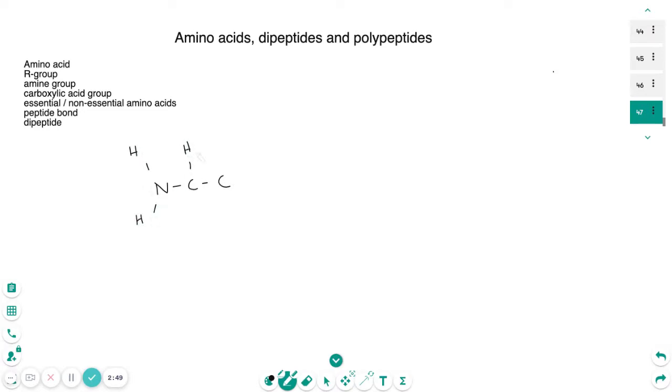Hydrogen. R group at the bottom. OH. Double bond oxygen. And if I draw another amino acid near it, there's hydrogen there.